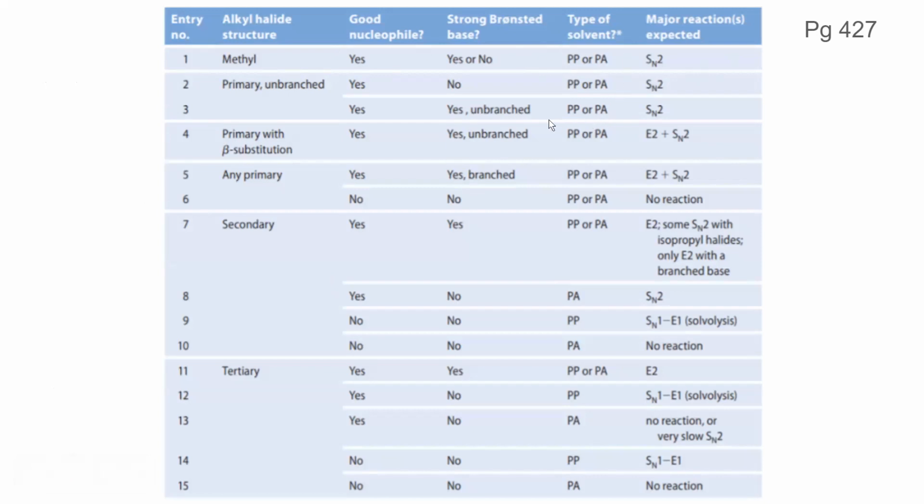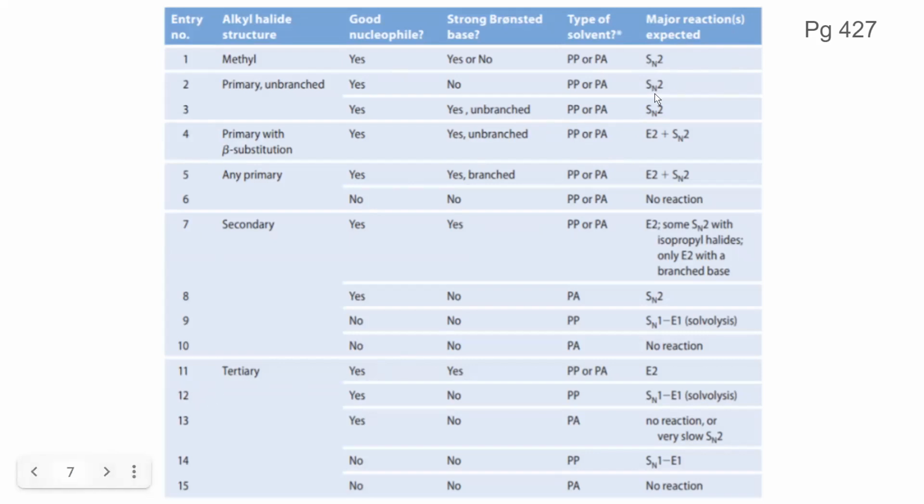I definitely don't recommend memorizing this table as much as understanding the concepts behind it, but it's a very good reference if you're confused at some point or just want to check your understanding. It's also a very simplified table, so it only goes into the major reactions expected. There are definitely a bunch of more complicated examples where you would see more than one product, which it doesn't really go into.